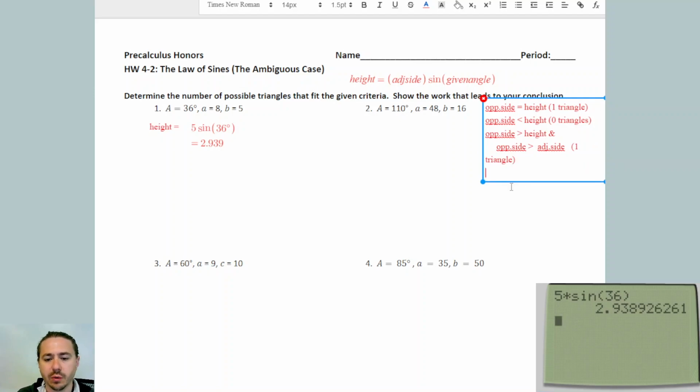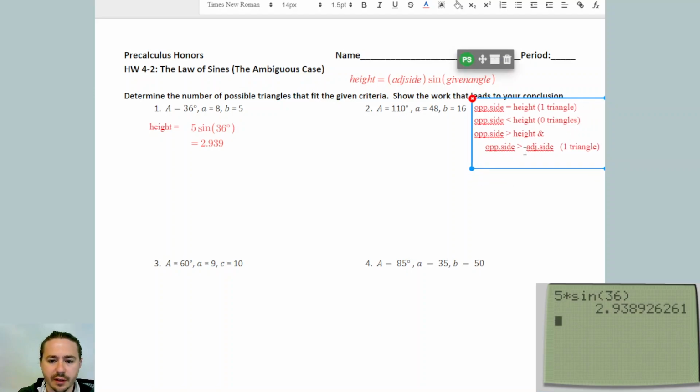And the one case where we'll get 2 triangles is if the opposite side is not only greater than the height, but also smaller than the adjacent side.